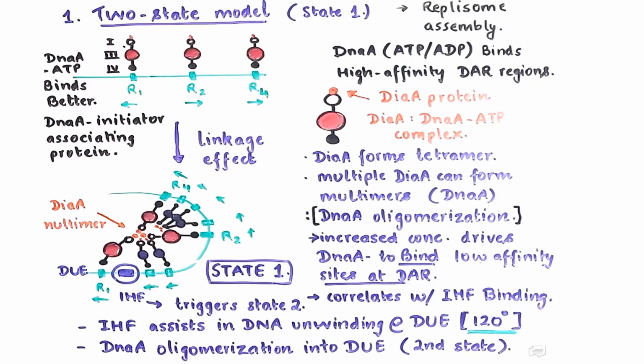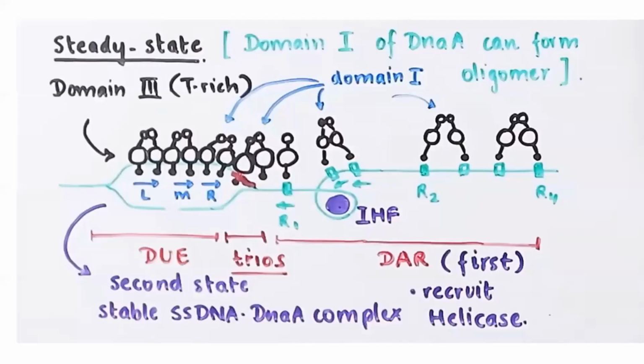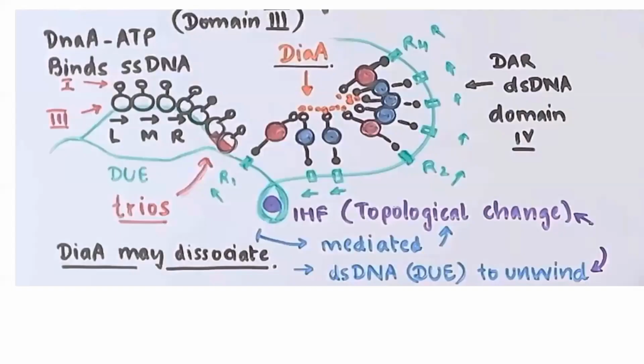Let's start discussing the process visually. By emphasizing the binding of IHF, we cause the DNA distortion, which is a fancy word we can say for change in the DNA topology.